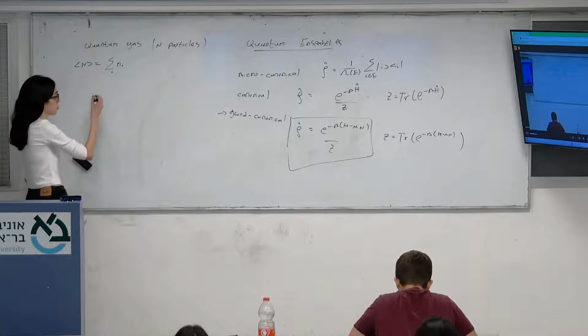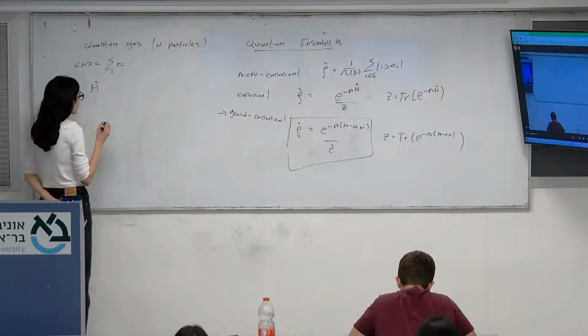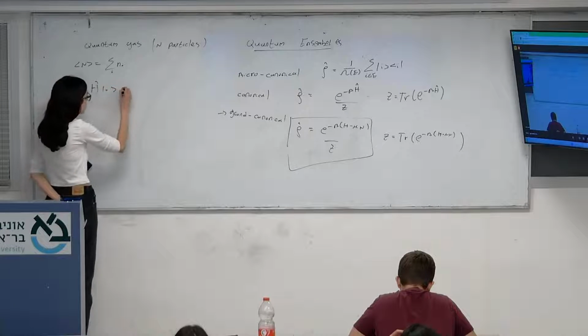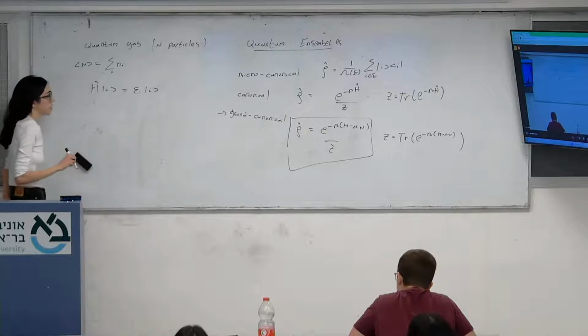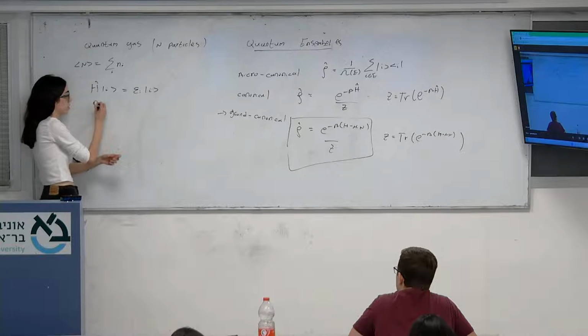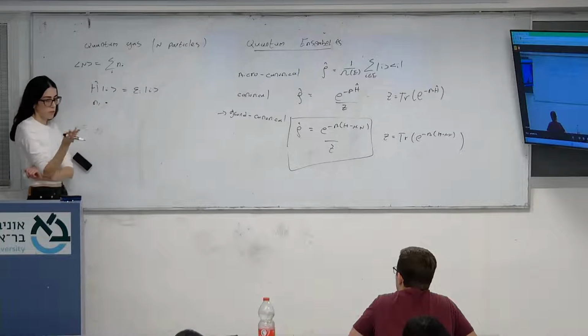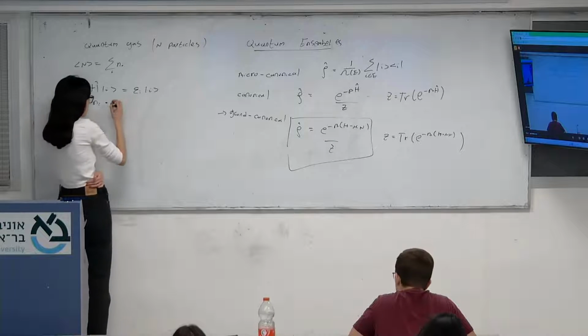For the system, we have a Hamiltonian, so we have the Schrödinger equation, and for each energy level we have Ni, which is the occupation number. That's the number of particles for each energy level.